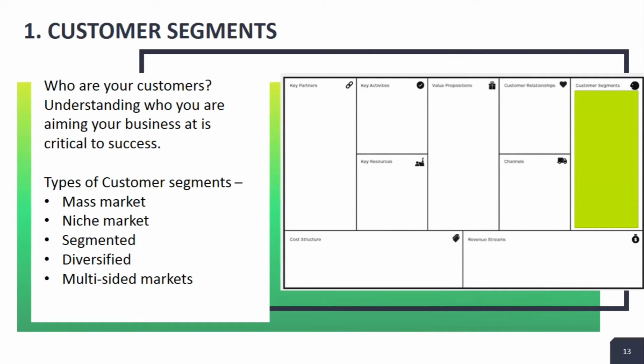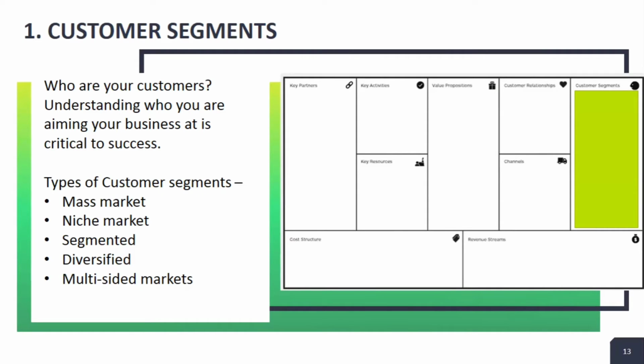There are different customer segments: mass market. It focuses on the general population or large group of people with similar needs. For example, a product like a phone. Niche market. Here, the focus is centered on a specific group of people with unique needs and traits.